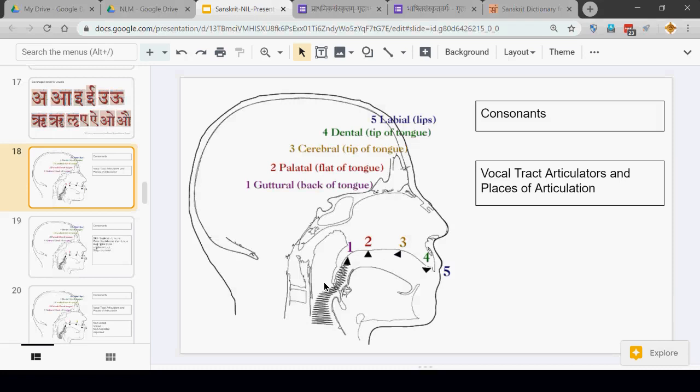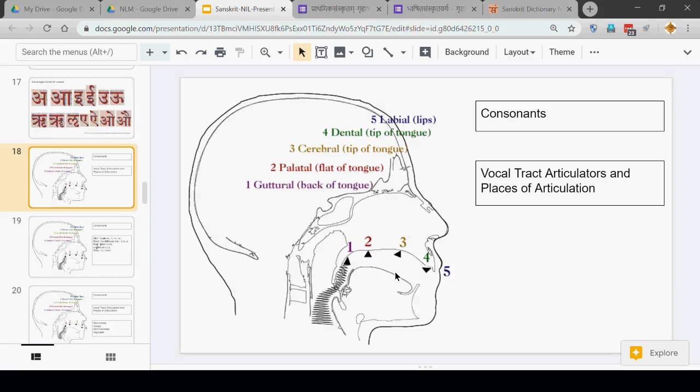For some of the sounds the air is stopped completely, or for some of the sounds the air is partially stopped. So we have the guttural, palatal, that is top here, number 2, and 3 cerebral.